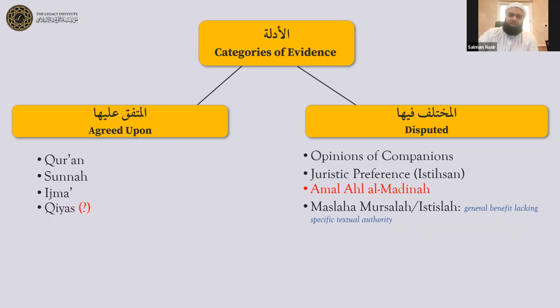So if anyone is interested in reading up more on this topic, I would recommend to start with this thesis of Dr. Hassan al-Shahawi, and inshallah I will share it in the group for those who are interested.